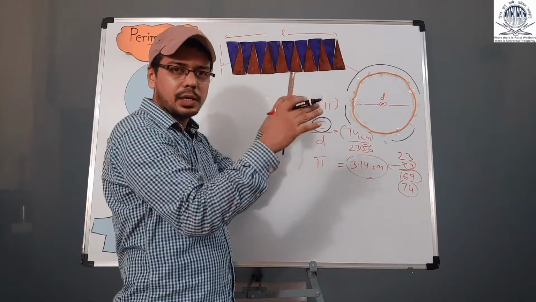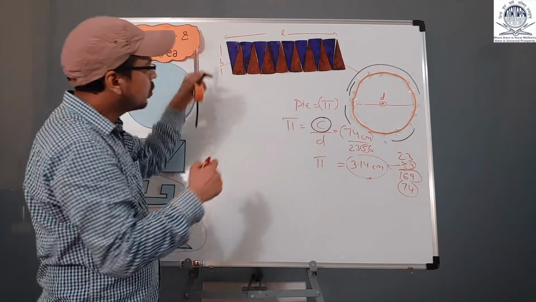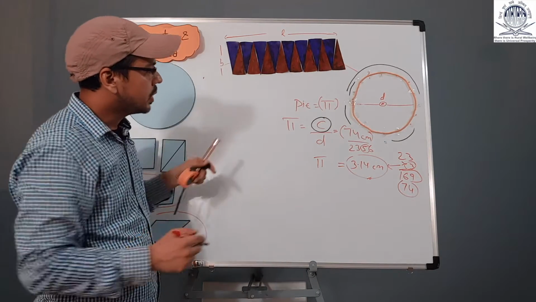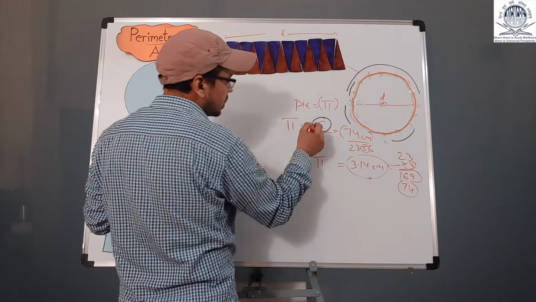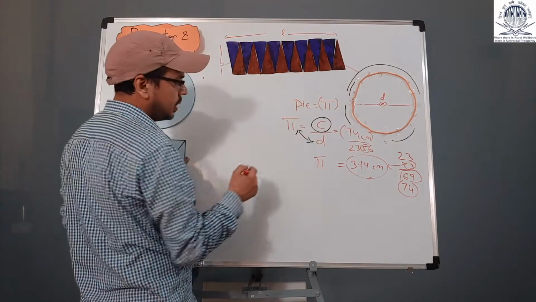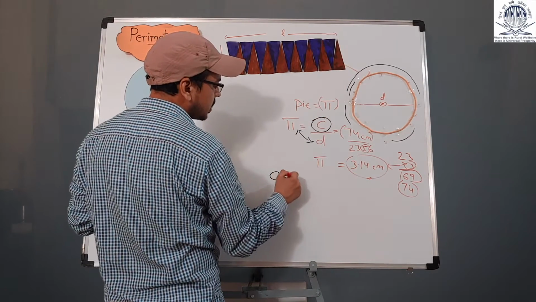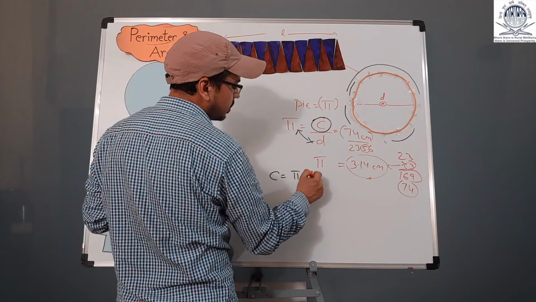Through this formula we say circumference is equal to pi times d.